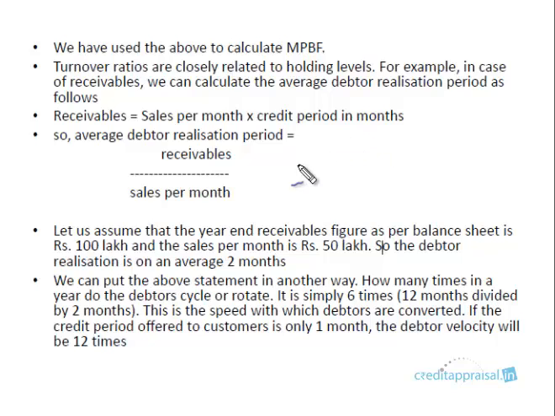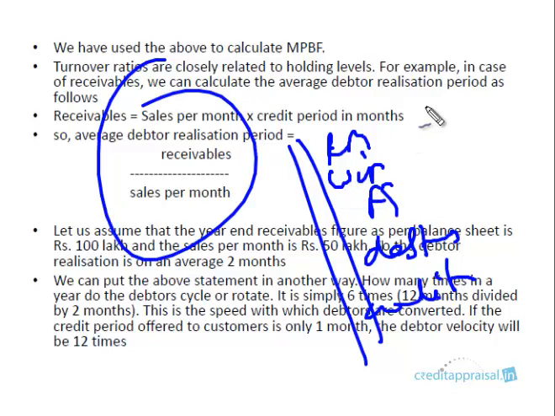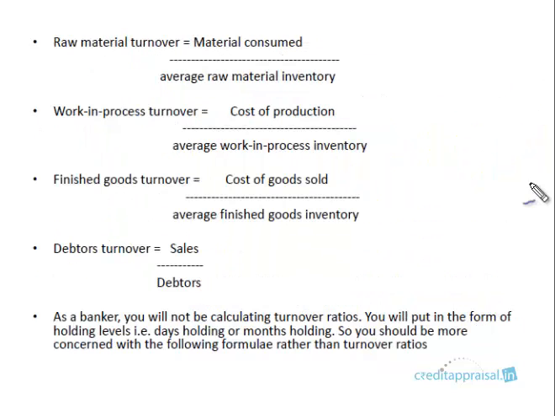That is a turnover ratio. You can have various ratios: raw material holding level, work in progress level, finished goods level, debtors realization period, and creditors period. All these can be calculated accordingly. For example, for raw material holding level, you calculate the closing stock of raw material divided by raw material consumption per month.